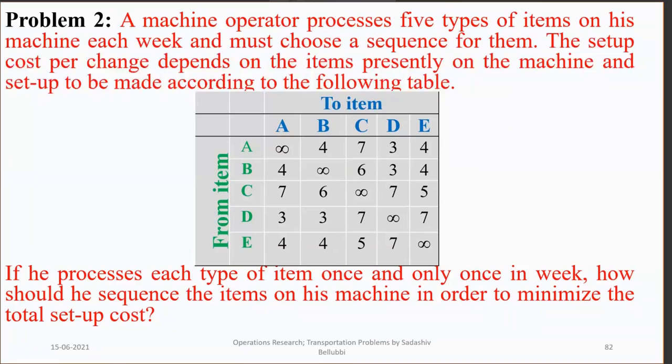They are given in this table. If he processes each type of item once and only once in a week, how should he sequence the items on his machine in order to minimize the total setup cost?